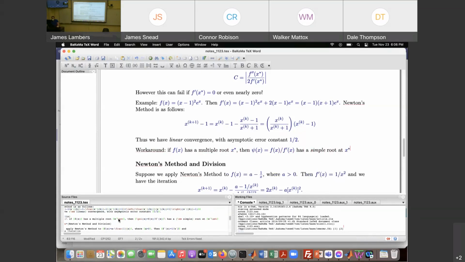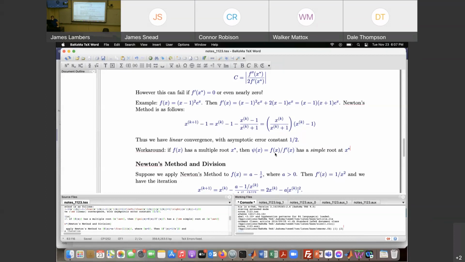Right. And the reason why is, for instance, suppose it's a double root. So you think of f of x as having factor (x minus x star) squared. Well, a double root of f is a single root of f prime, which would have a factor of x minus x star to the first power. Cancel that out.